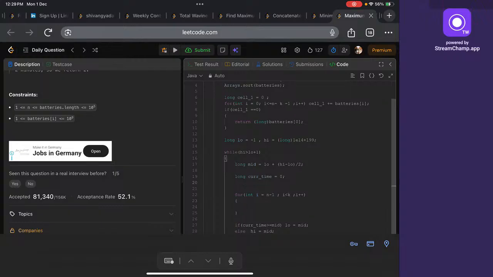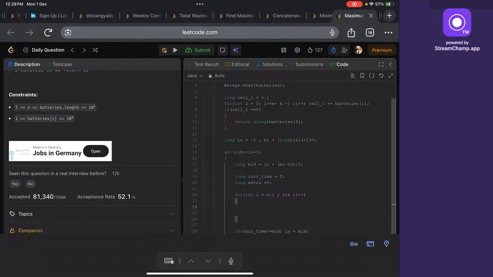And we need another variable, long, the extra time we need, equal to 0. Now assume that from the first battery, nth battery is attached to the computer, and we will make sure that this battery will last for at least mid time.